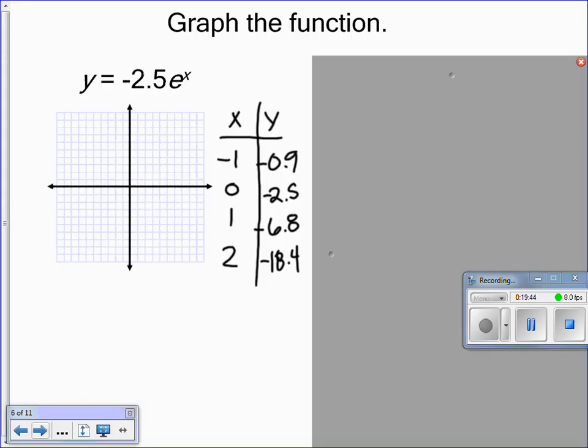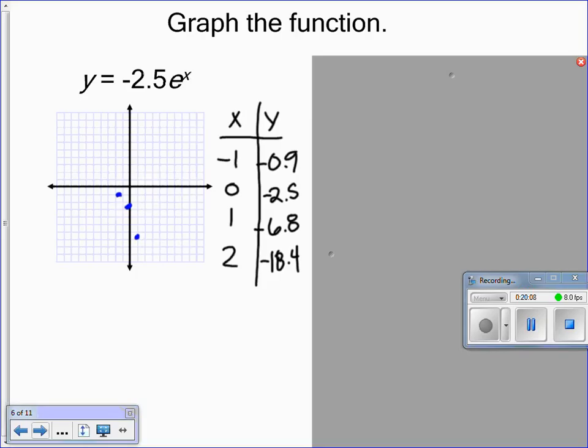I'll use blue here. My calibration is a little off, so please excuse my marks if they're not exact. 1, negative 6.8, so I'm going to go almost to 7. And then, like a lot of people, for negative 18.4, that's way off my graph.